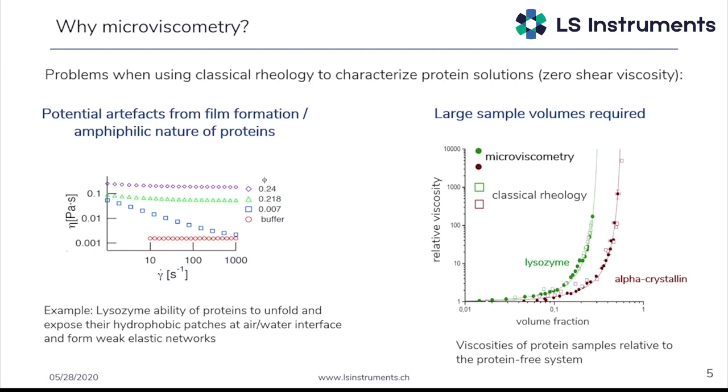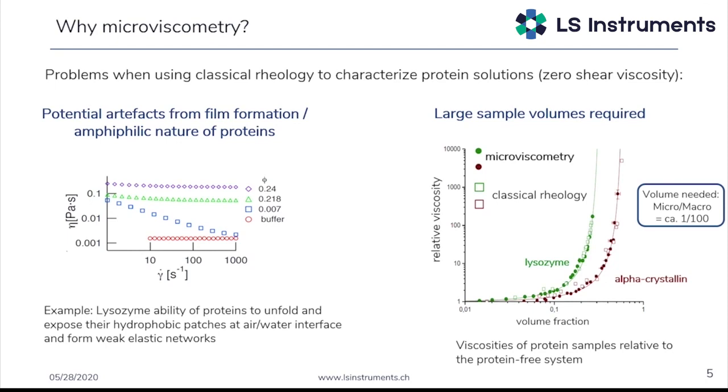What is also obvious from this comparison is that the microviscometry data carries much less noise, in particular at low volume fractions or low concentrations. And what is moreover noteworthy is that for the microviscometry experiments we need about 1/100th of the sample volume as we would need in the classical mechanical rheometry.